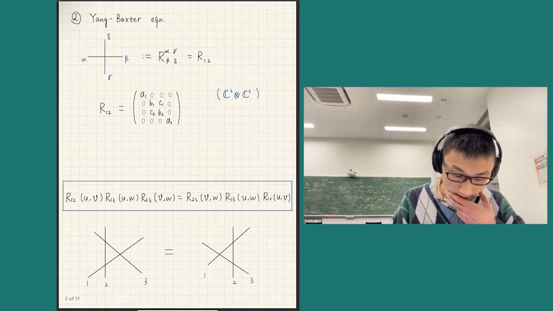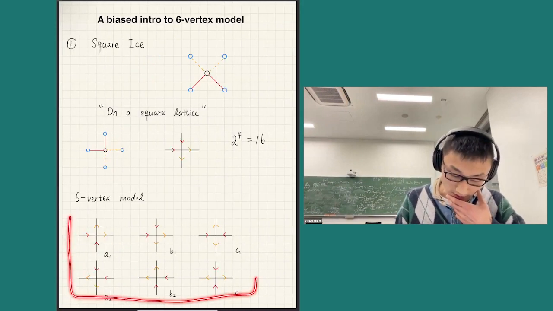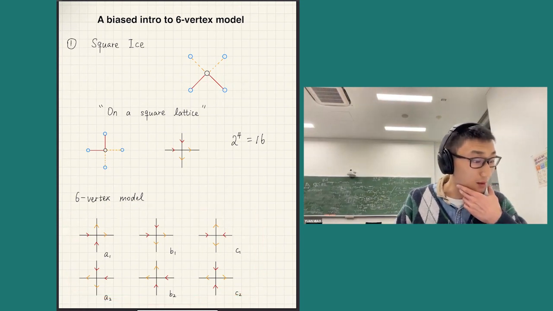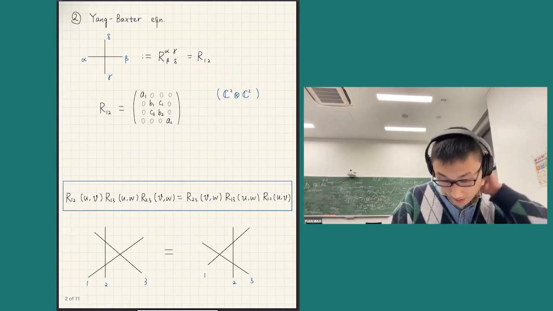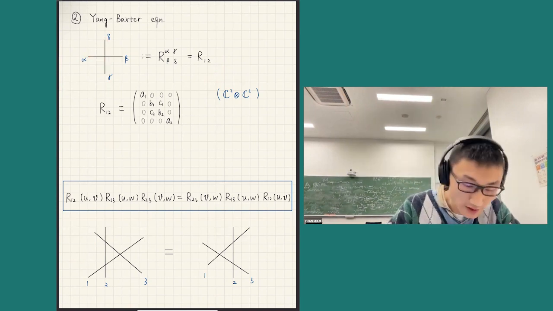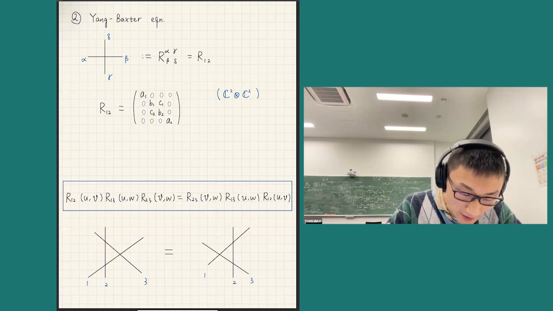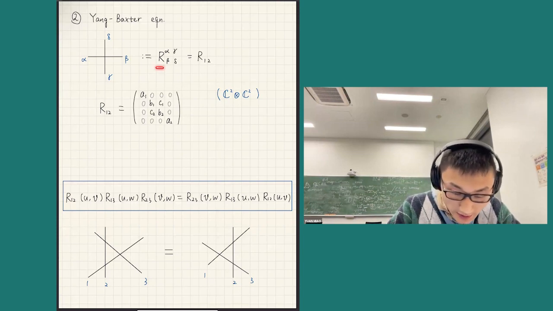We can, in principle, arrange these 6 possibilities into a matrix form. I would call this matrix R, which is actually rather a tensor with 4 indices, alpha, beta, gamma and delta, in this way.